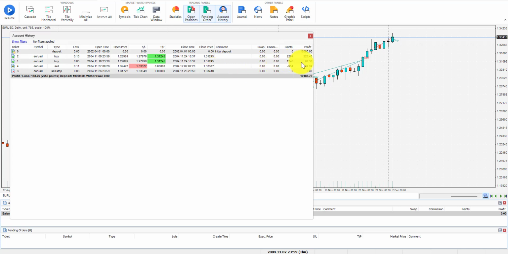So my conservative account is up $67.30. My more aggressive account was up 226 minus 104, so that's 122, right? So my aggressive retracement entry is up almost twice as much as my conservative, all right?